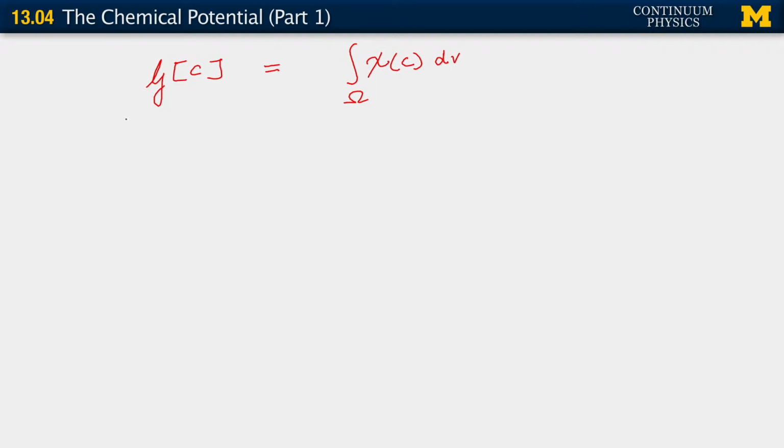So we consider first variations, variations on C, and we do that by saying C sub epsilon is defined as C plus epsilon W.